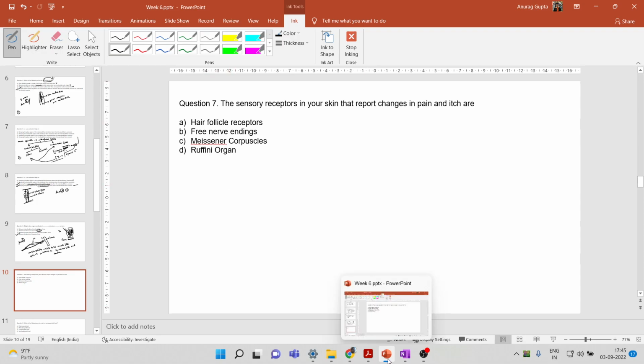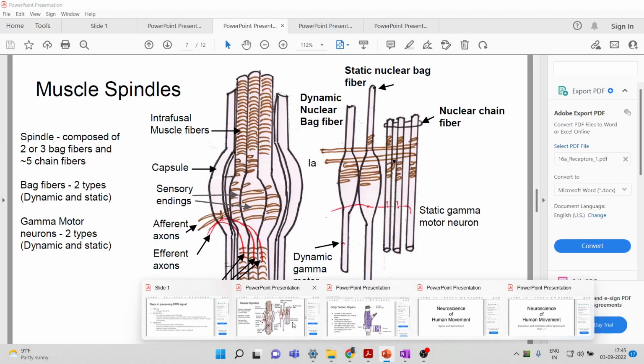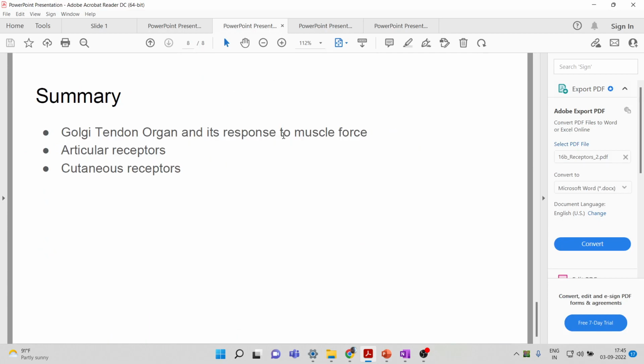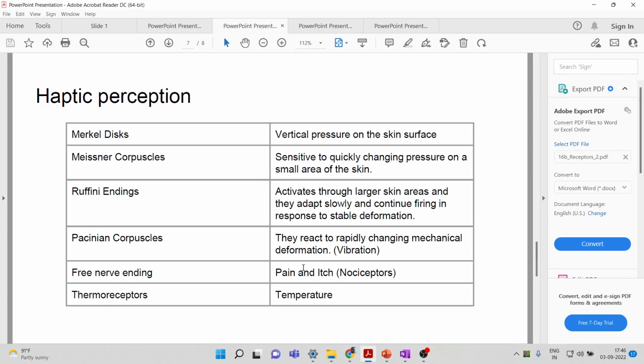Let us go back to that slide. We can see here that pain and itch are nociceptors, and they are associated with free nerve endings. Again, you should remember this particular table.